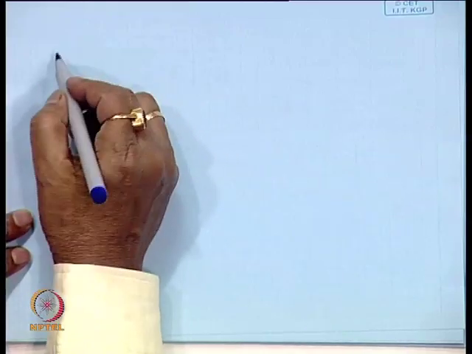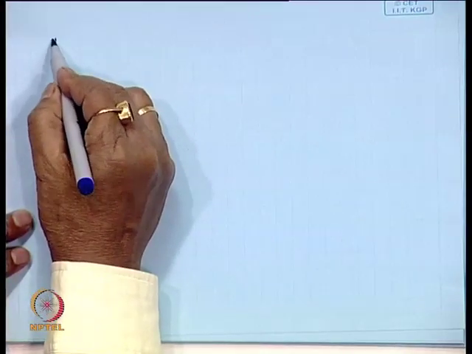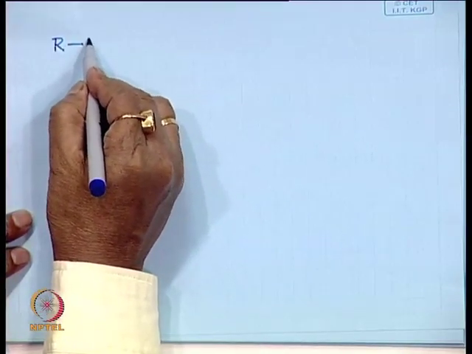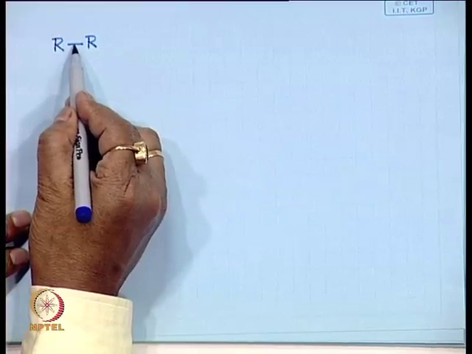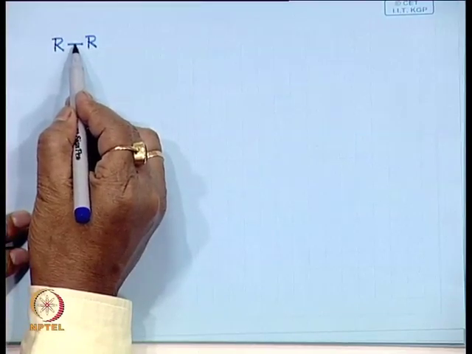Suppose you take a compound, say represented by R R. This is a bond. In this bond, there are 2 electrons involved.